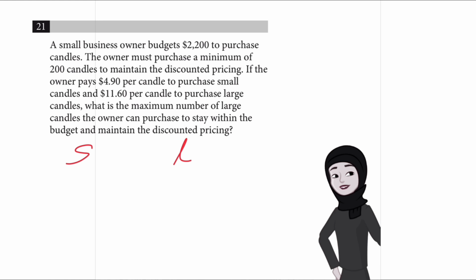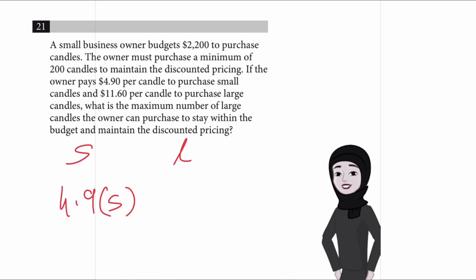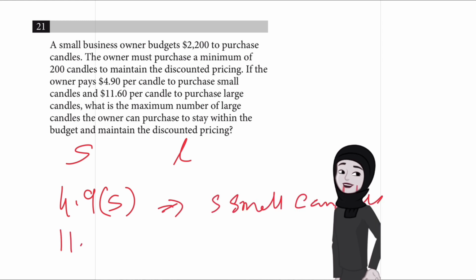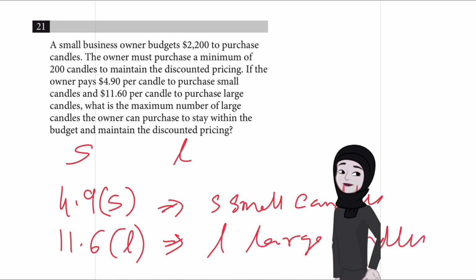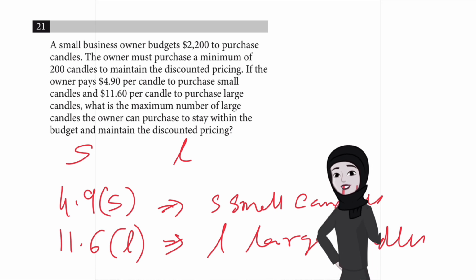That means if I multiply 4.9 with S, the number of small candles, that will give how much the owner pays for S small candles. Multiplying 11.6 with L gives how much the owner pays for L large candles. So what is the total he is paying? We have to add both of these.